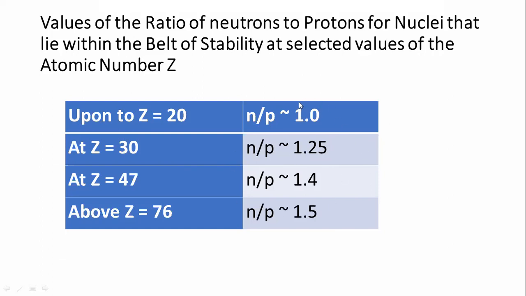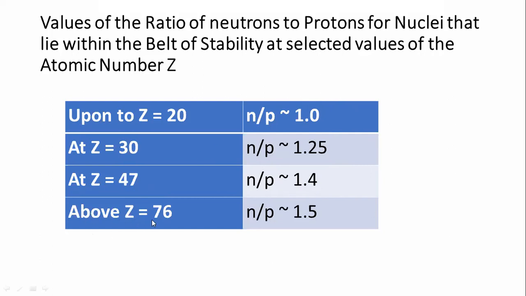If this is the case, then the nuclide would be stable. So this is the stability chart. If the nuclides follow this pattern, then they are stable in nature. Otherwise, they will be radioactive. By increasing the atomic number from 31 to 47, if the ratio lies around 1.4, then they are stable. Otherwise, if it is more, they will be unstable.